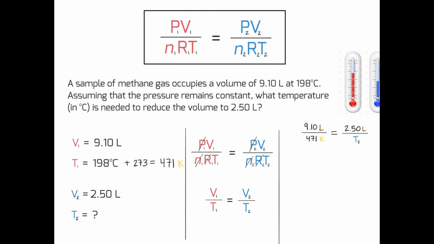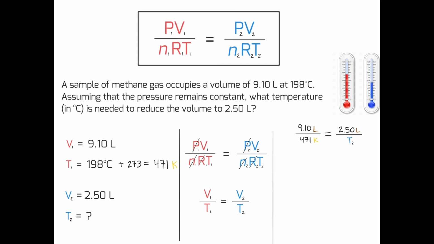Now there's a couple different ways we can solve this, but we're going to cross multiply, which means we're going to take T2 times 9.10 liters and we're going to multiply them. And then we take 471 Kelvin times 2.50 liters. And we get an equation that looks like this. And now since we want to get T2 by itself, we're going to divide both sides by 9.10 liters.